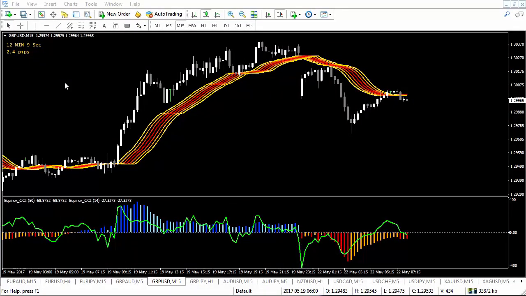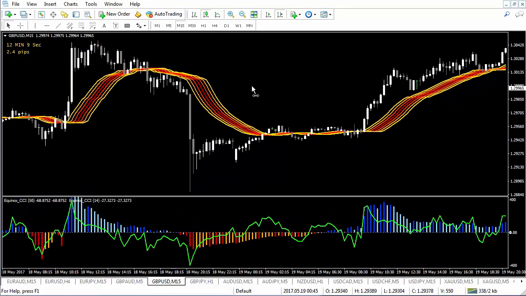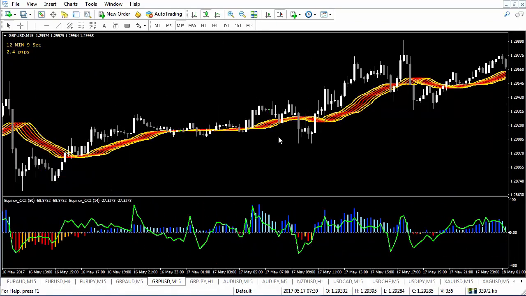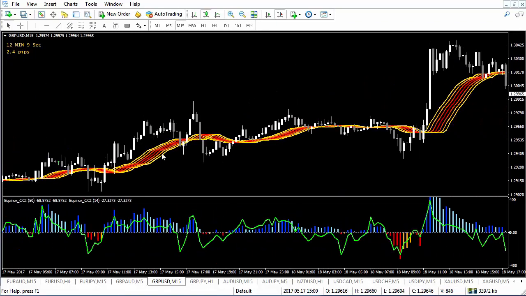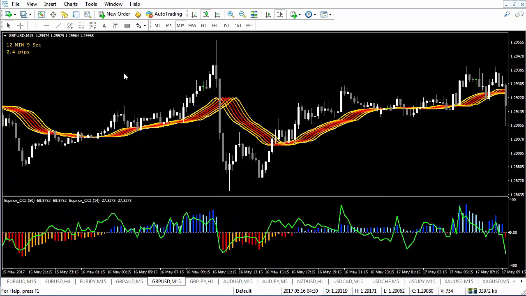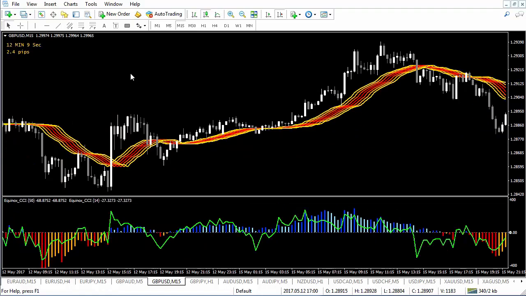Now, what I'd like to do is switch over really quick to the Forex profit ribbon chart and show you essentially how equilibrium works there. So what we're looking at right now is the Forex profit ribbon on a chart. This ribbon is what's running through the price itself. This is the yellow and red band that runs right through the middle of the price. And this is Forex equilibrium.